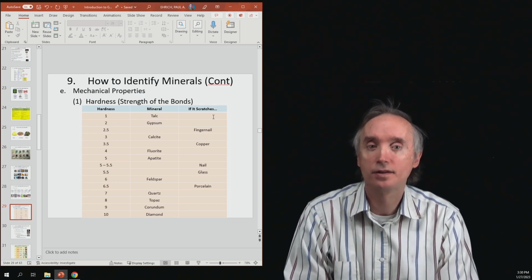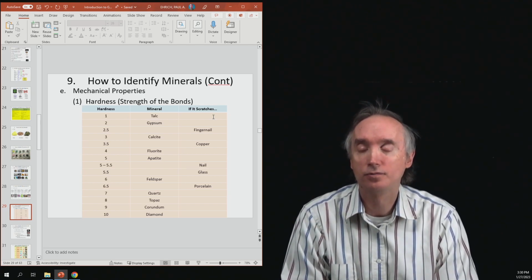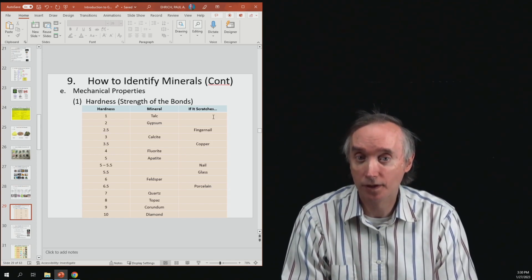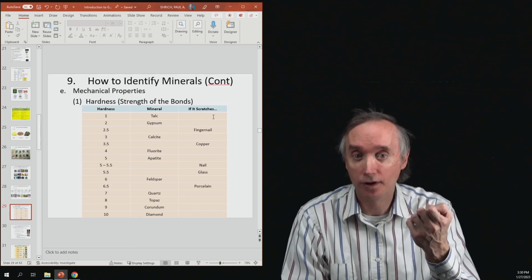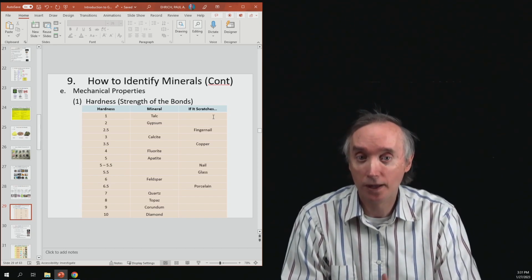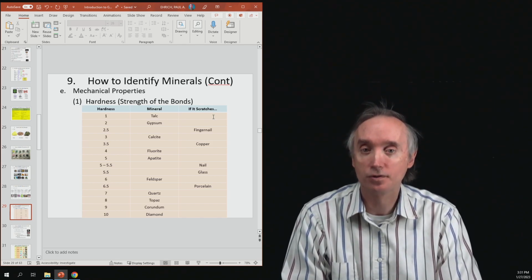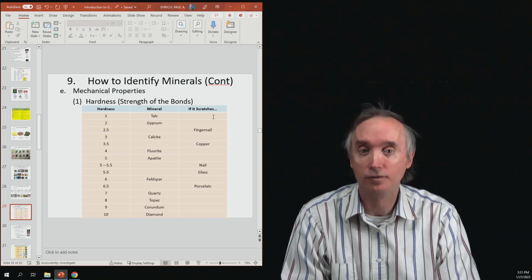Also, you'll notice that there are shorthand ways of estimating the hardness of something by either using your fingernail or by using a copper penny or by using a nail. And so that also gives the hardnesses of some of those other minerals.